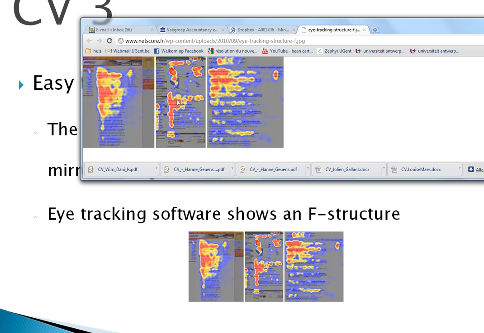And we see some kind of pattern. This, being here for web pages, was very recurring when people have to scan any text. That is that there's kind of an F. You first read what's here near the column, and then the main parts, the first sentences of those paragraphs get read most often.